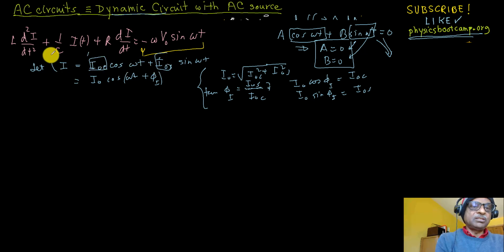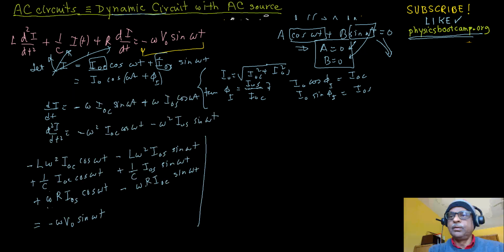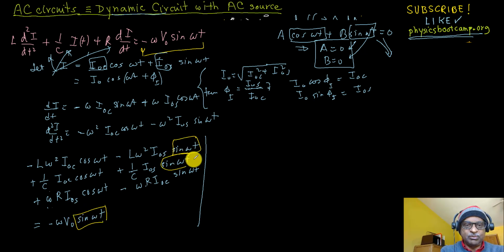So I'm going to just plug these guys in here, and in here, and see what I get. Left side, right side we already know. So I get L di dt. Let me work this out and then I'll show you. Okay, so I went ahead and substituted these guys in here, and hopefully it's come out right. There is a sine omega t here, and sine omega t, sine omega t, sine omega t. So these guys will give me one equation, and these guys will turn out to equal 0.